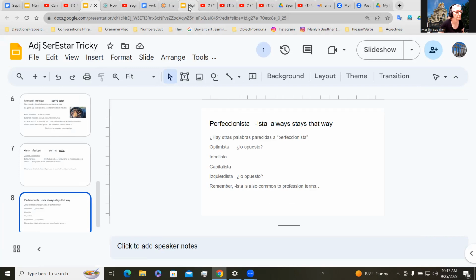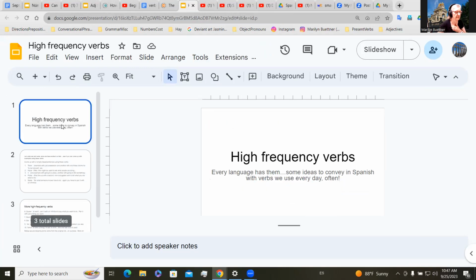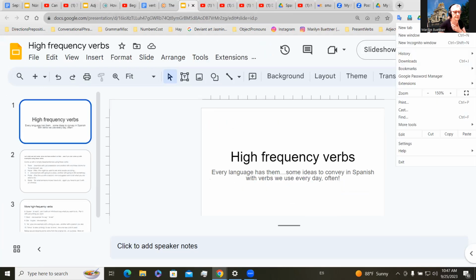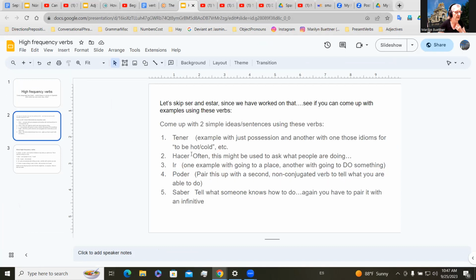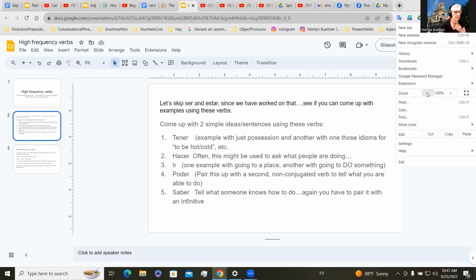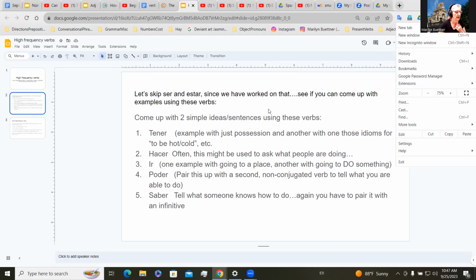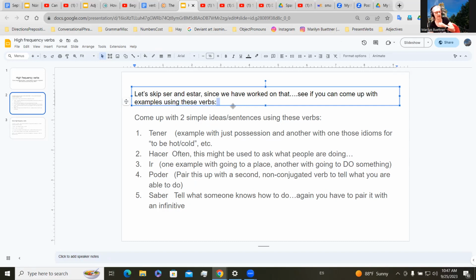Let's go to some of these high frequency verbs and using these in context. So we took just some verbs that she used, not every single one of them, but some, okay? And we're going to skip the ser estar that you heard her use quite a lot.